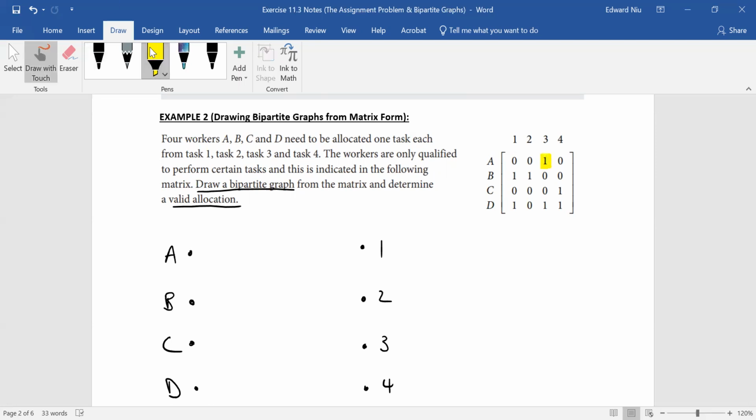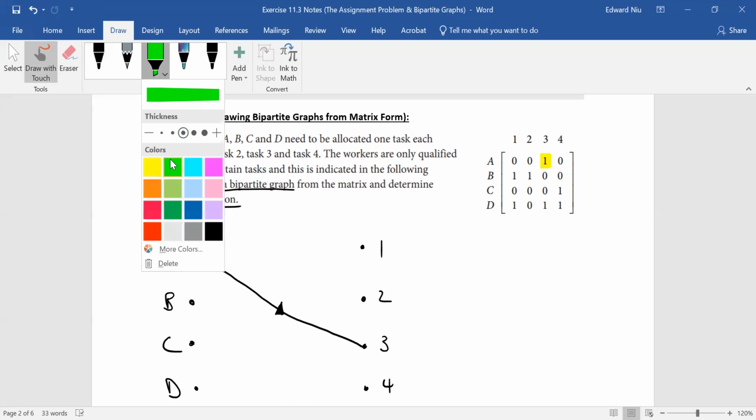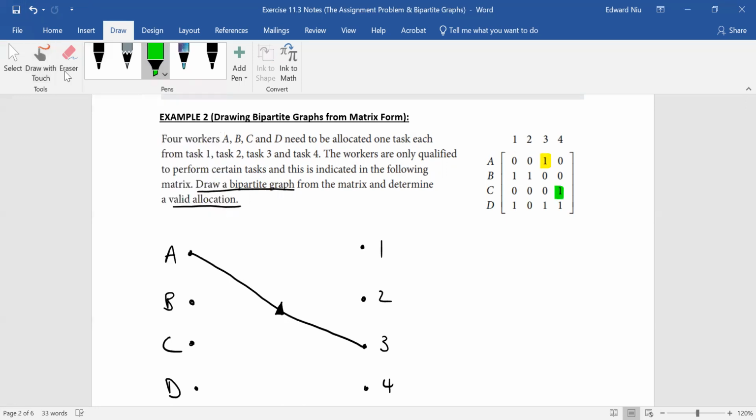All right, so we start here with person A. So you want to draw the links of the people who have the least capabilities first, or the least variety in the jobs they can do. I don't want to make them sound like they're unskilled, even though they're completely fictional characters with no feelings whatsoever. And then person C can only do job 4. So that's the first 2 we can knock out.